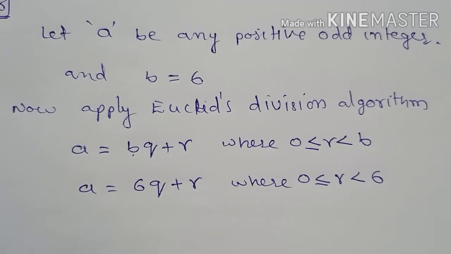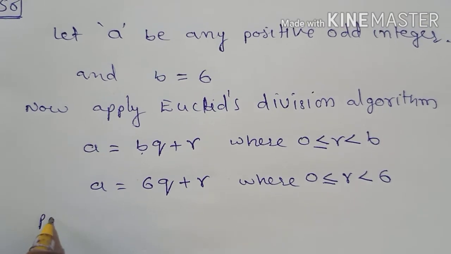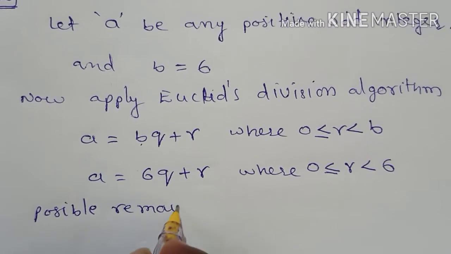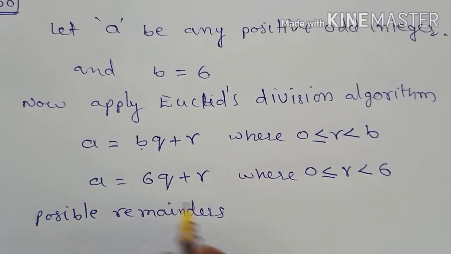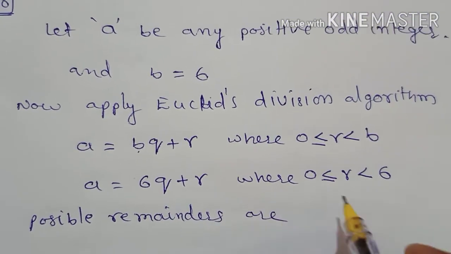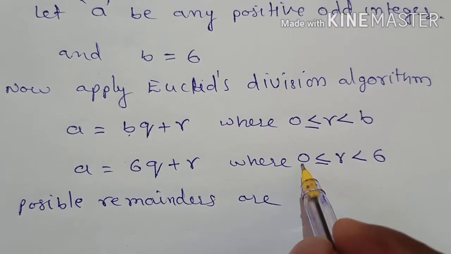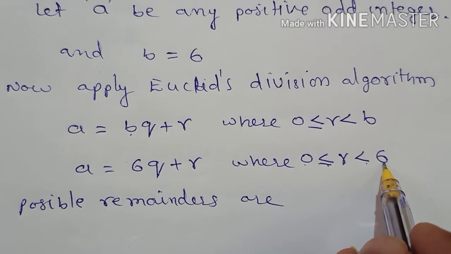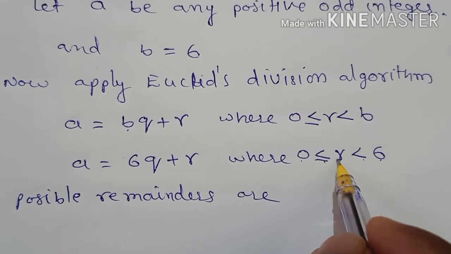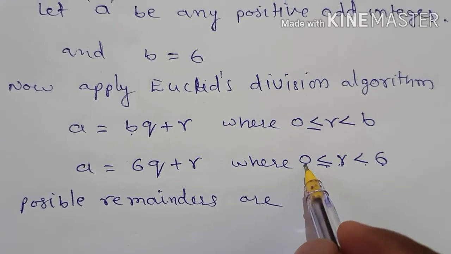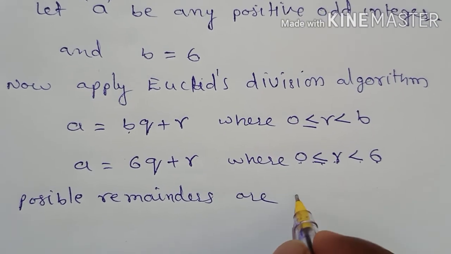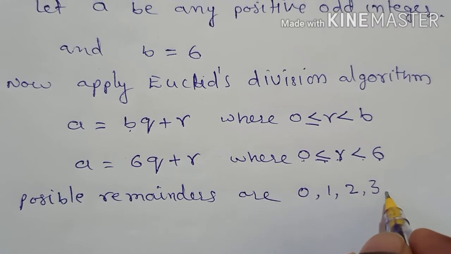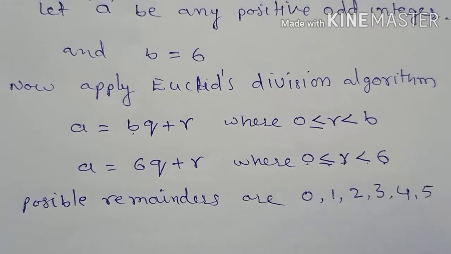Now what are the possible remainders? The remainder value is less than 6 and more than or equal to 0: 0, 1, 2, 3, 4, 5.